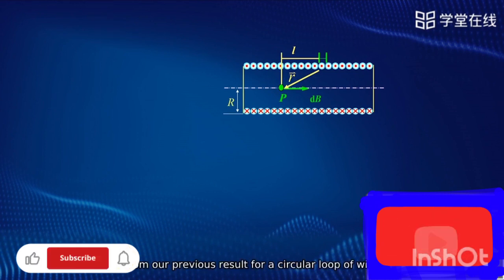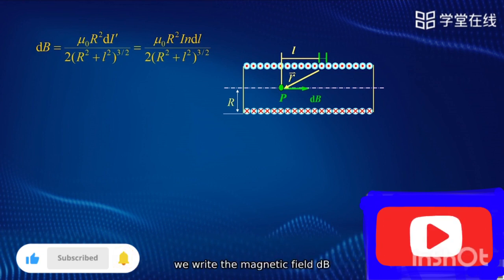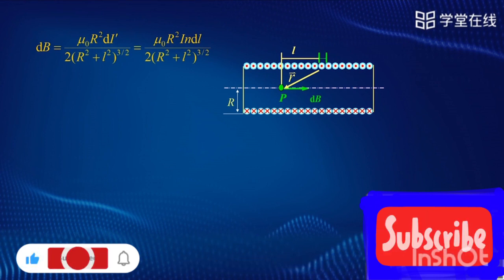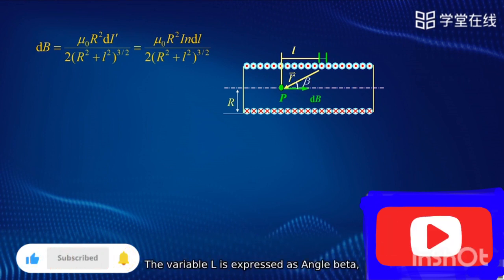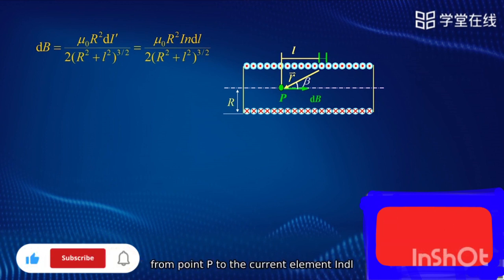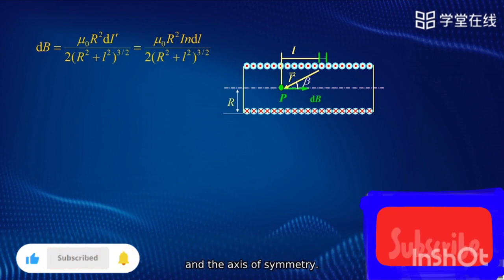From our previous results for the circular loop, we write the magnetic field dB along the central axis of the solenoid. The variable L is expressed through the angle beta, which is the angle between the position vector from point P to the current element in dl and the axis of symmetry.